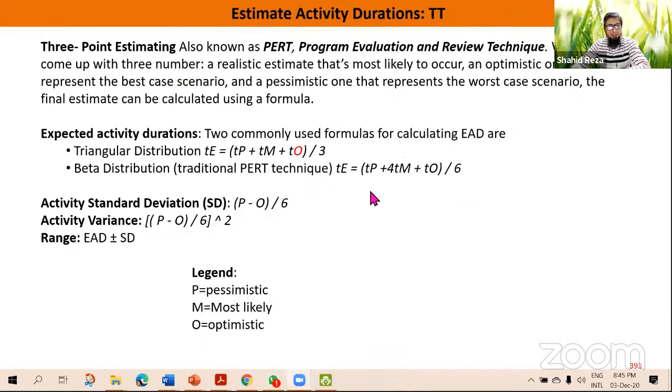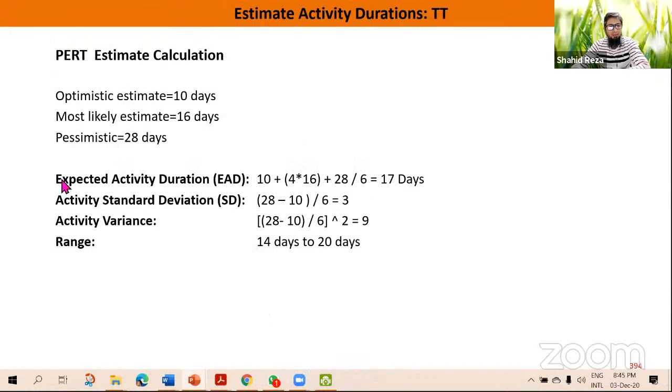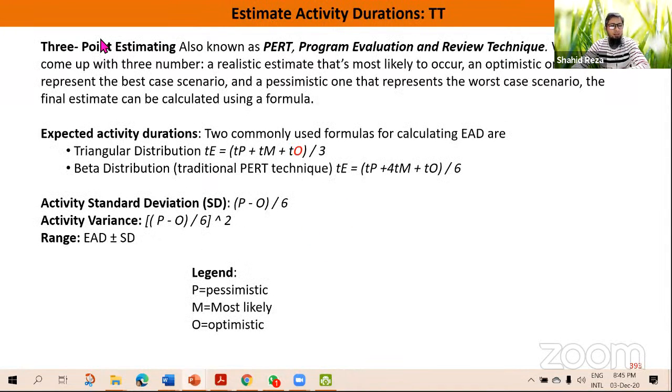Okay. So there is an example here, and there are actually other things of that formula that are not mentioned in PMBOK. You can also calculate the standard deviation and variance of the activity and also the range for the activity. So all these are statistical terms, right? So how can you calculate a standard deviation?